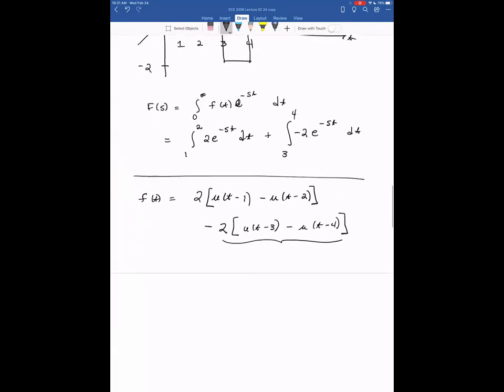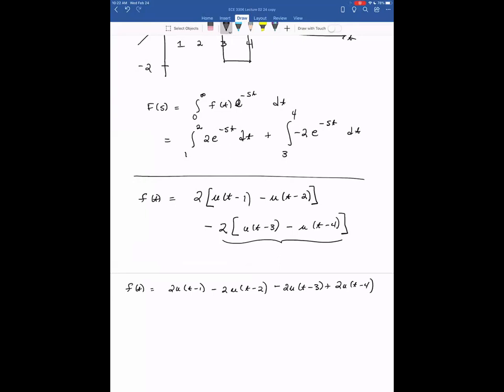Okay, so now what I basically have is a sum of time-shifted step functions. So we could multiply that out. 2u of t minus 1 minus 2u of t minus 2 minus 2u of t minus 3 plus 2u of t minus 4.